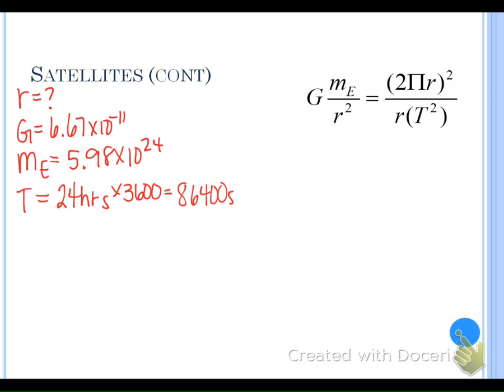So now we can go ahead and start plugging in here. We're going to solve for radius. This one takes quite a bit of math, so you're going to have to leave some room on your sheet. I'm going to walk through it, because it takes quite a bit of manipulating the equation, so if you want to follow along up here, you can. If you want to do it in your notes by yourself, you can.